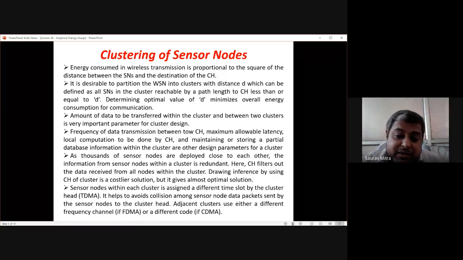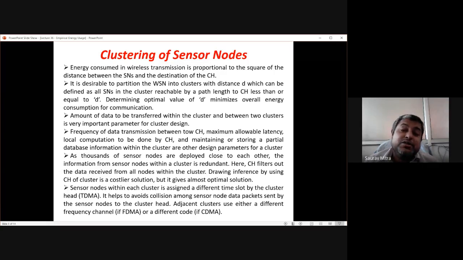Within one cluster, we cannot use the same frequency or the same time two times. The same frequency cannot be used within the same cluster, but two clusters which are segregated from a communication point of view can use the same frequency for their internal communication.